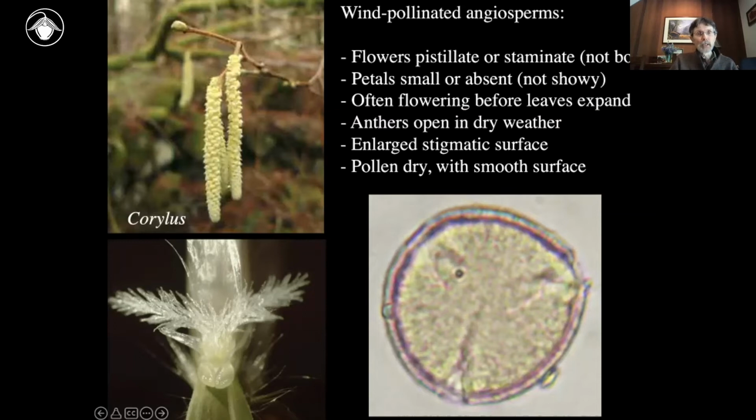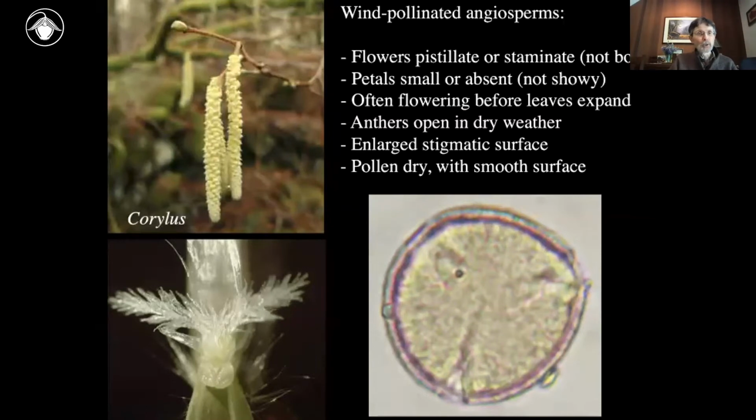So in addition to opening in dry weather, having dry pollen with a smooth surface, there's also enlarged stigmatic surfaces often on the pistils, as you can see here, which expand the surface area for capturing pollen grains, which can help.